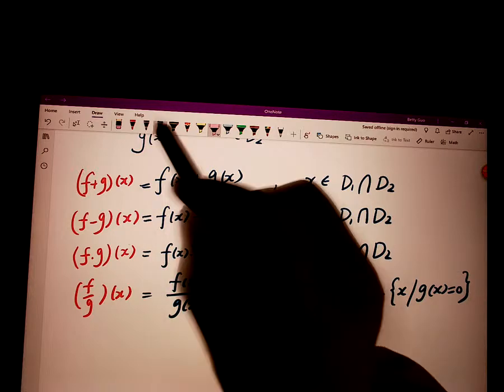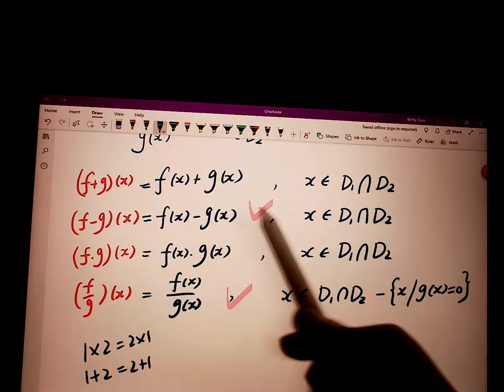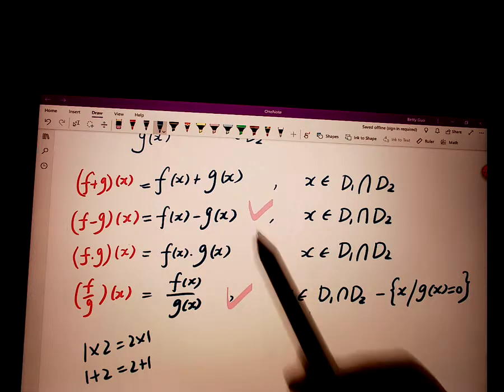For example, we know 1 times 2 equals 2 times 1, right? 1 plus 2 equals 2 plus 1. So when it comes to addition or multiplication, the order of the two numbers really doesn't matter. But when it comes to division and subtraction, the order does matter a lot.